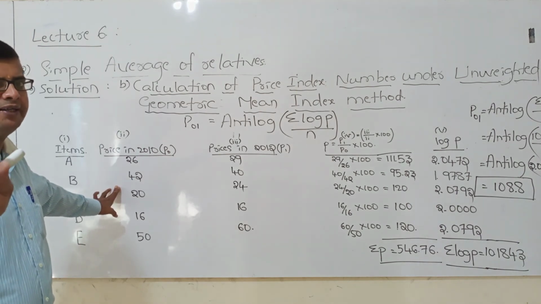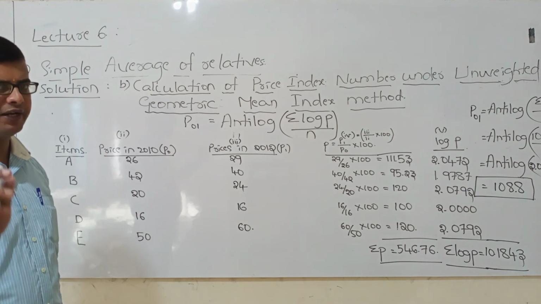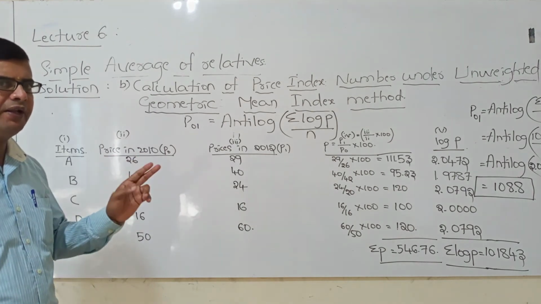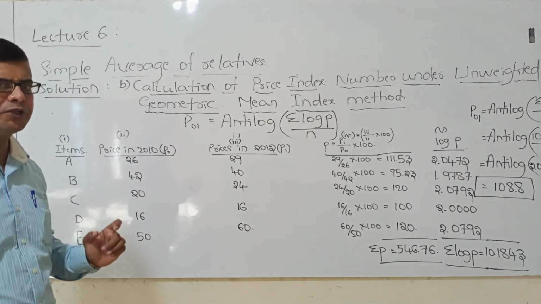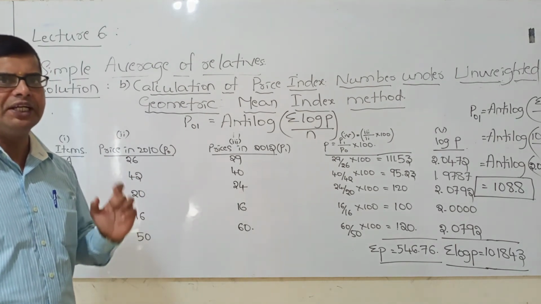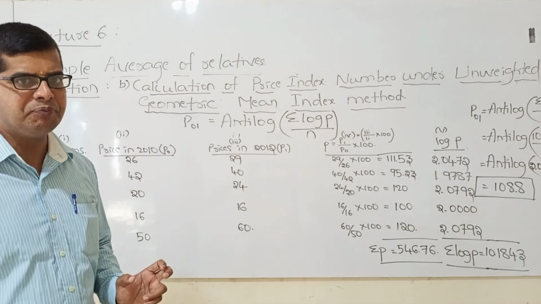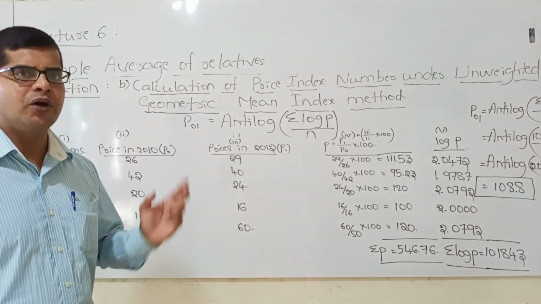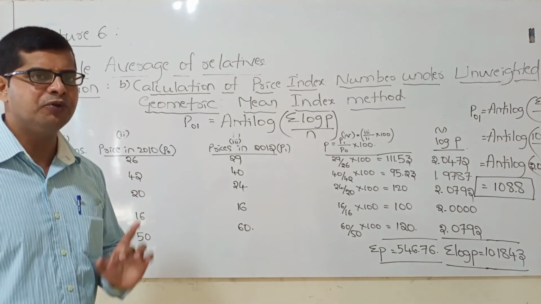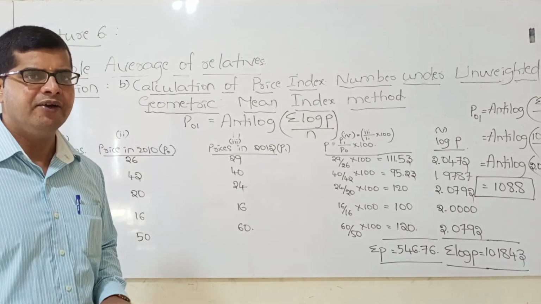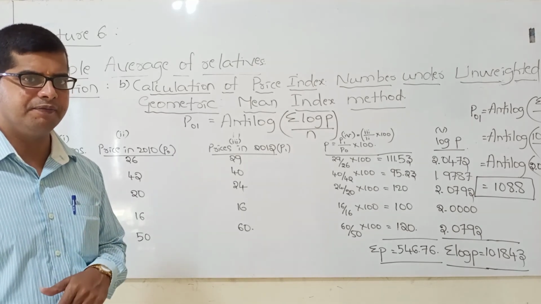Okay, so we applied both the methods here under simple average of relatives. Under simple average of relatives we have two methods, A and B. A is unweighted arithmetic mean index, B is unweighted geometric mean price index. Unweighted arithmetic mean price index, P01 is equal to summation P divided by n, where P is equal to P1 divided by P0 into 100.